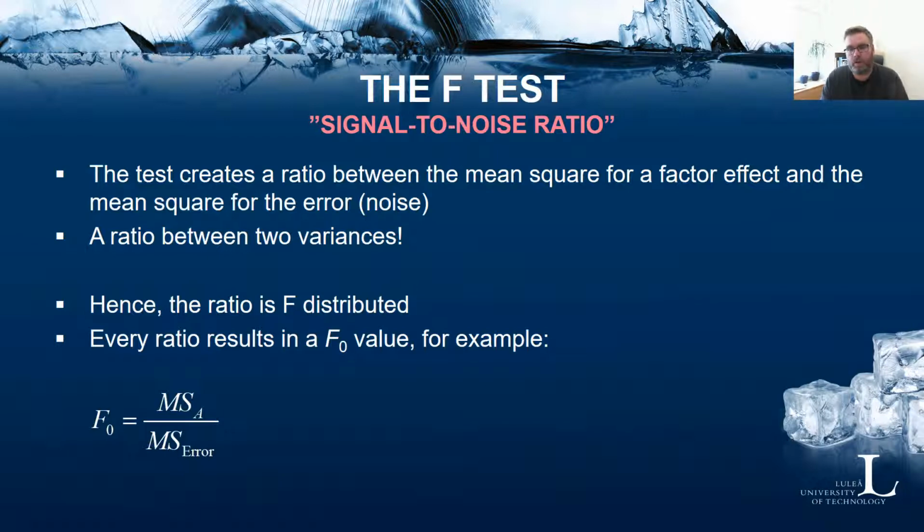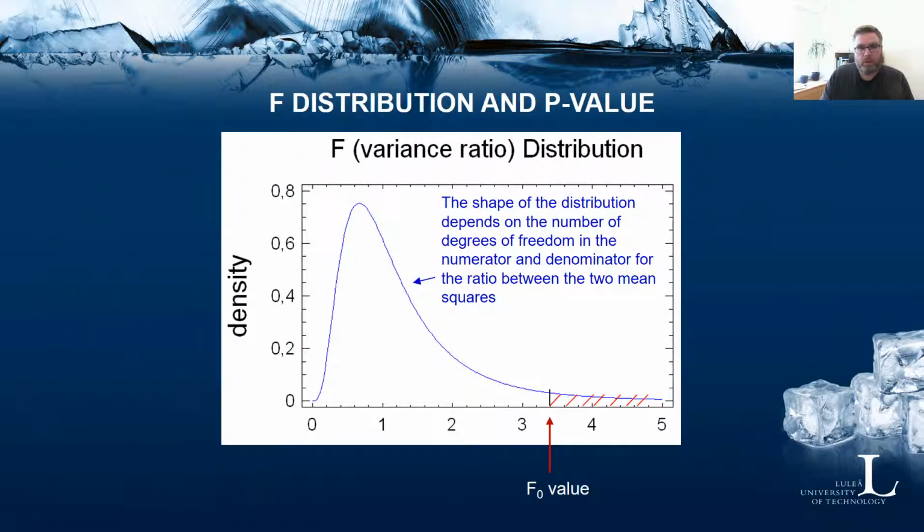One can say that the larger the F0 value is, the more likely it is that this effect is significant. The next step is to find out a p-value. But just before doing that, we have to understand how the F-variance ratio distribution works.